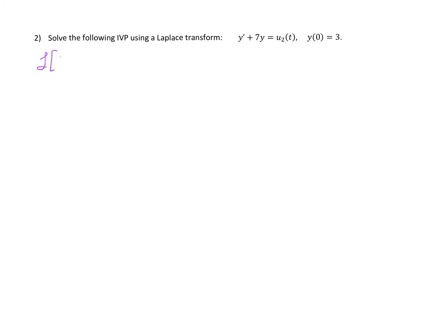So I have the Laplace of y prime plus 7y equals the Laplace of u2 of t. Okay, so the Laplace of y prime is s Laplace of y minus y of 0. And then I have plus 7 Laplace of y.